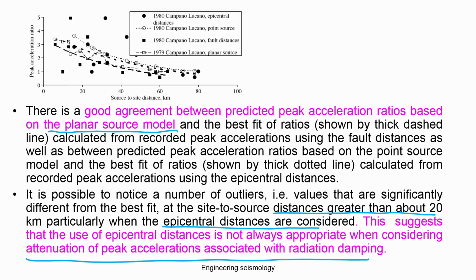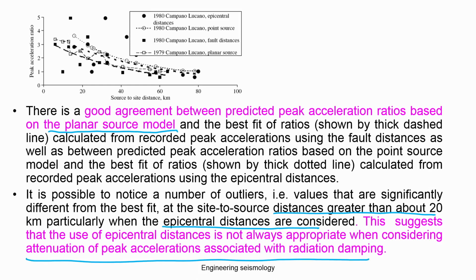Basically, the energy is reflected in your strong motion record or seismic record in the form of amplitude and duration. So these variations with distance are actually reflected in the recorded data. If you want to capture that very accurately, you should use the planar source model and hypocentral distance, not epicentral distance.